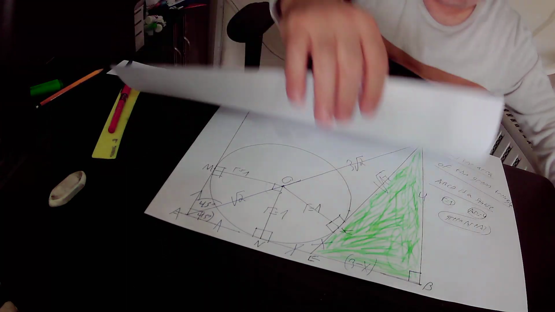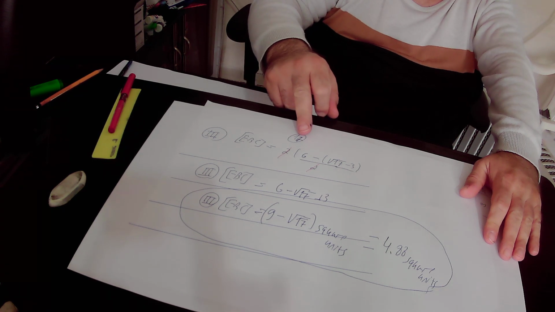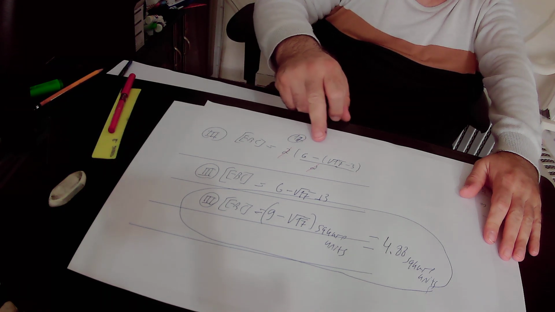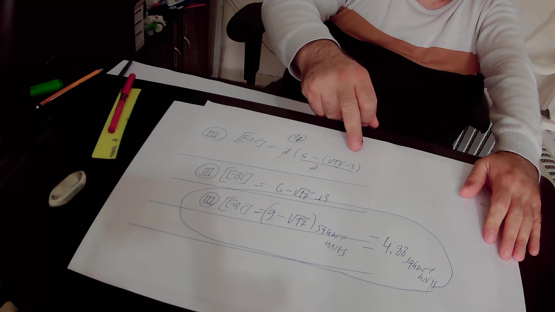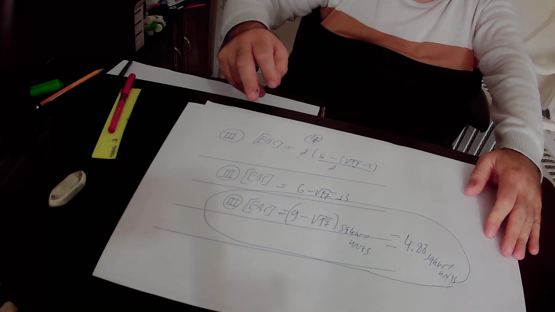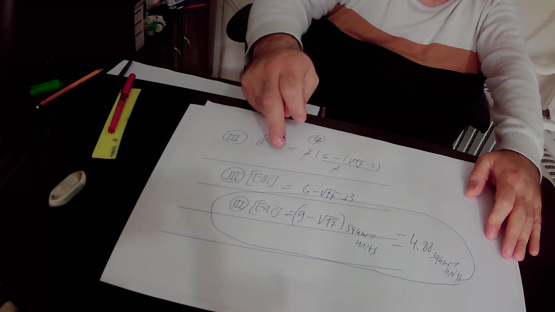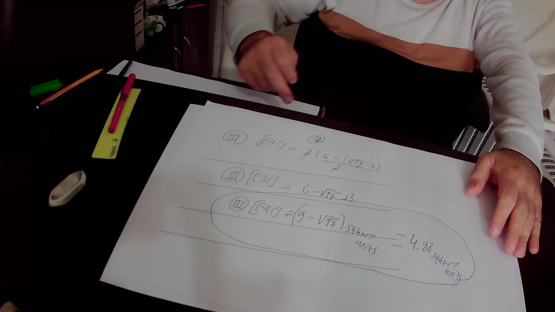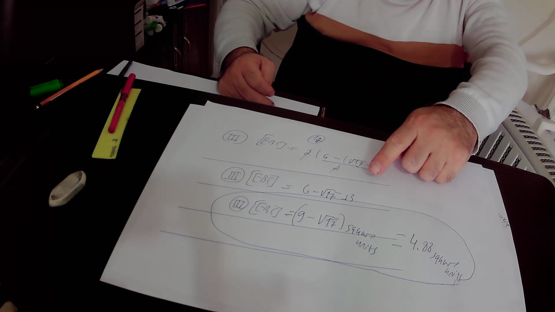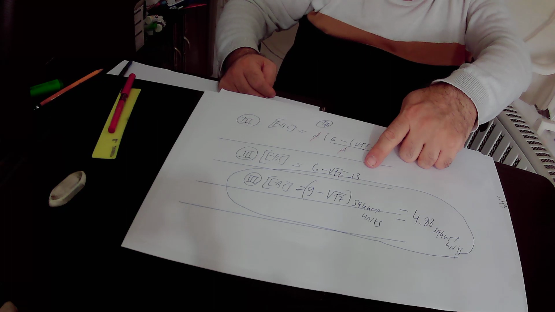And we got that the area of the green triangle EBC equals 2 times (6 minus (square root of 17 minus 3)) over 2. 2 over 2 is 1, so the 2 will get cancelled. And in conclusion, the area of the green triangle EBC equals 6 minus square root of 17 plus 3. 6 plus 3 is 9.